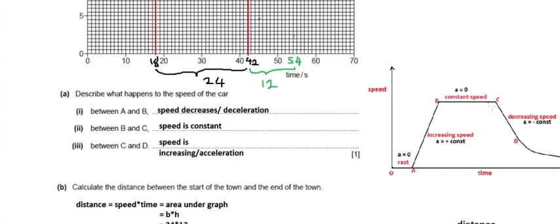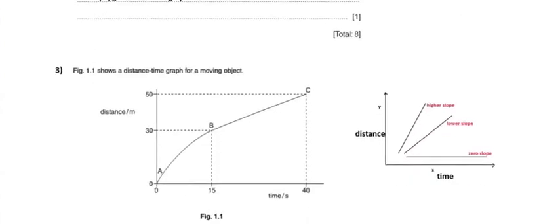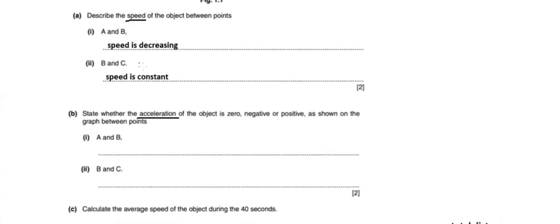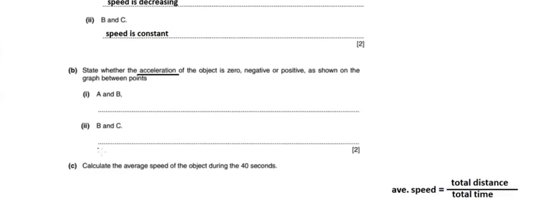So this acceleration is the slope of the speed time graph, and for constant speed it is 0, and for decreasing speed it is a negative value. So these speeds are giving you the idea of what kind of acceleration is there. So from A to B, as the speed is decreasing, the acceleration is negative. So we can write down it is the negative acceleration.